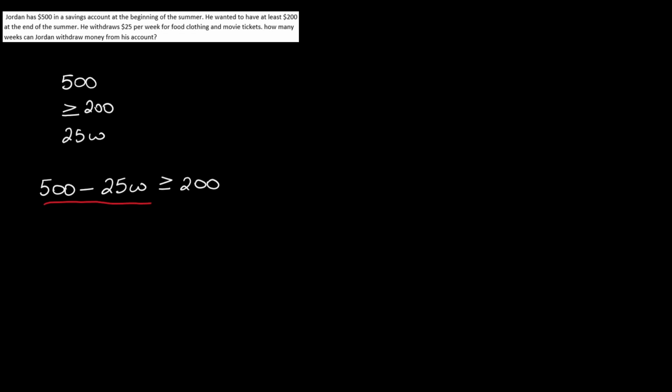And so we can go ahead and isolate negative 25W, because we need to have the W on one side by itself. So we will subtract 500 from each side. So this becomes negative 25W is greater than or equal to 200 minus 500.